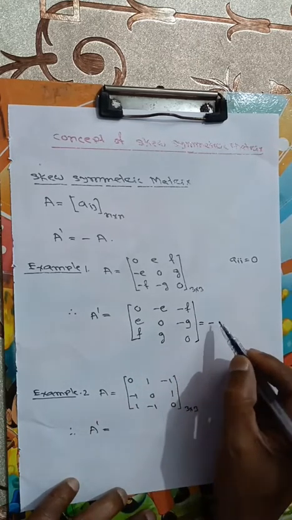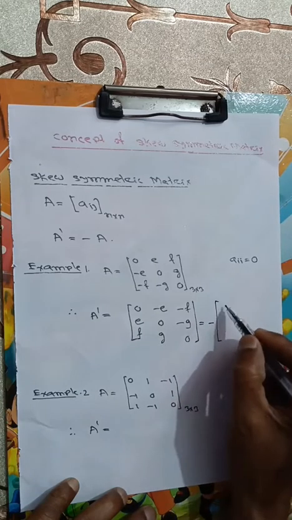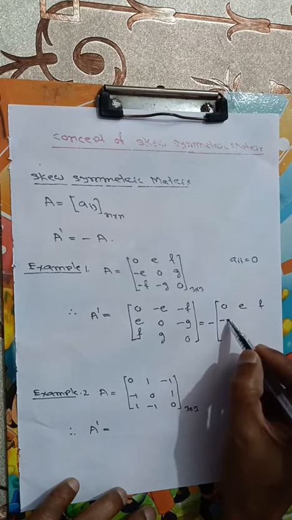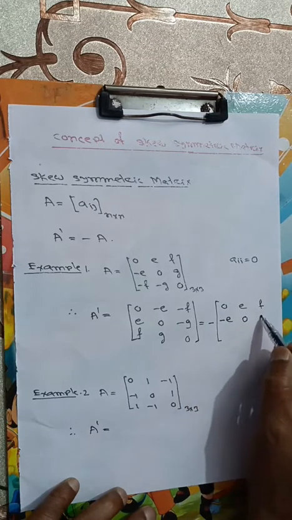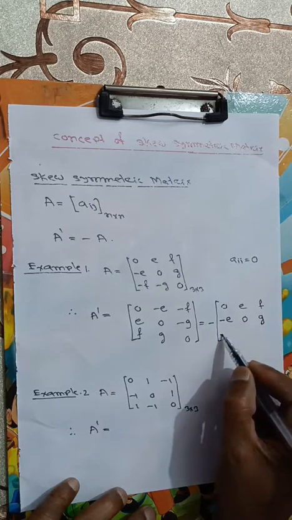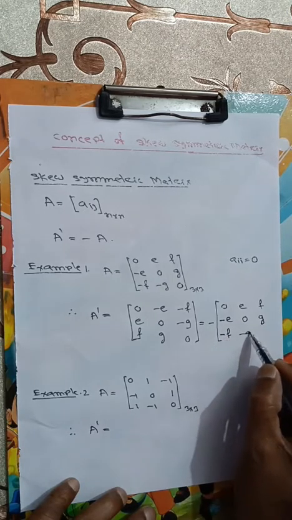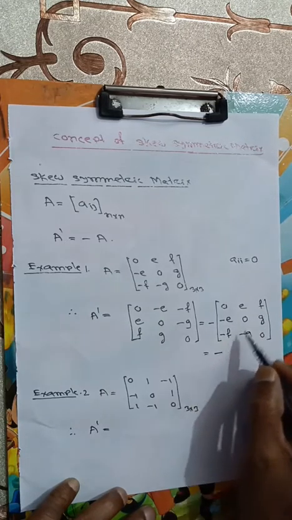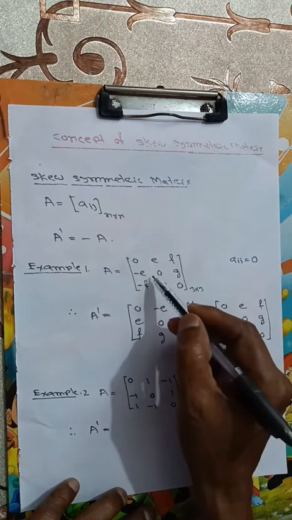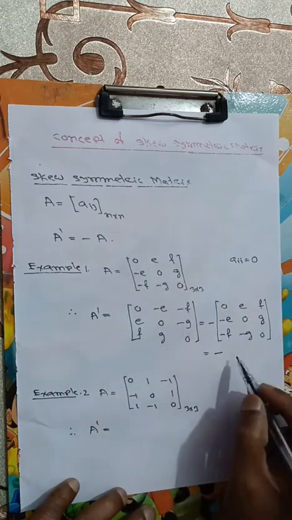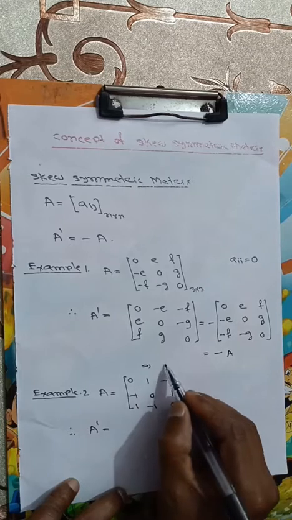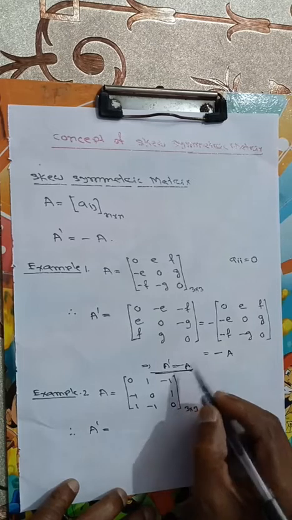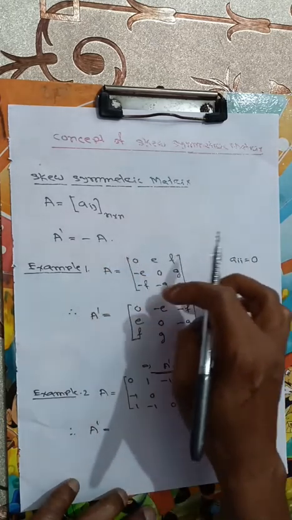If we take minus in common from this matrix, then we get minus of 0, E, F, minus E, 0, Z, minus F, minus Z, 0. That means minus this matrix is nothing but the original matrix, so we can write this equal to minus A. That means we get A dash equal to minus A. So we can say this matrix is a skew symmetric matrix.